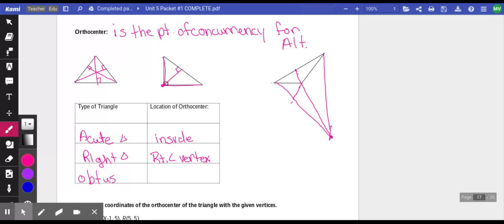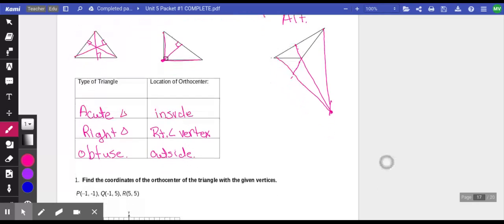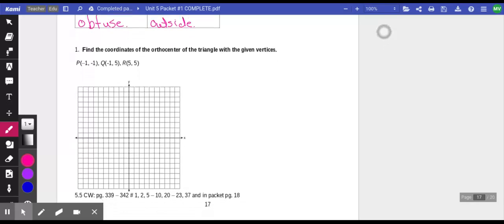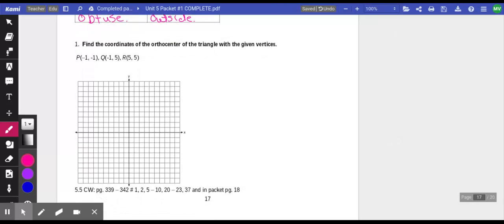Now the orthocenter is the least special of our centers.